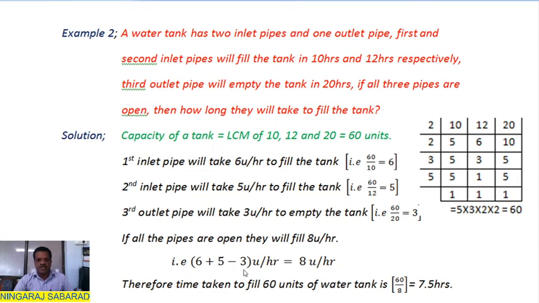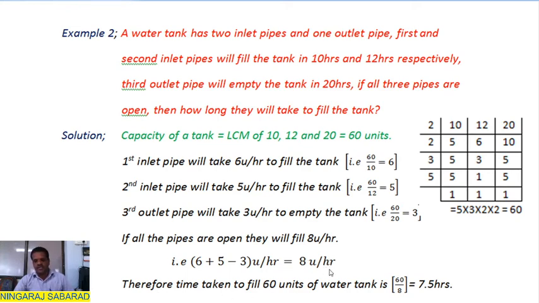Why have I taken a negative sign here? Because through the outlet pipe water is removed from the tank, so we have to take a negative sign. If you simplify this you get 8 units per hour. So this 8 units per hour is the rate of filling if all 3 pipes are open.